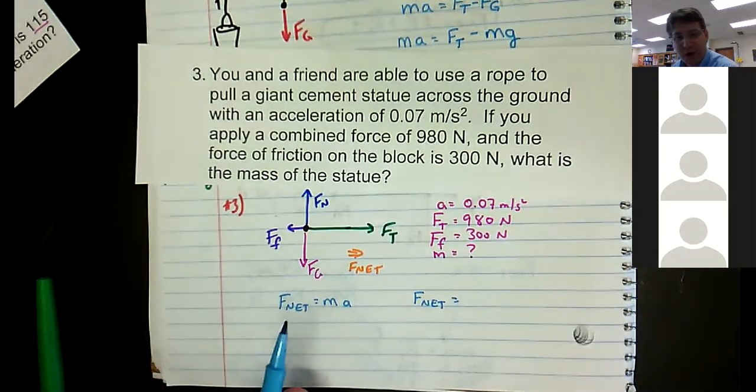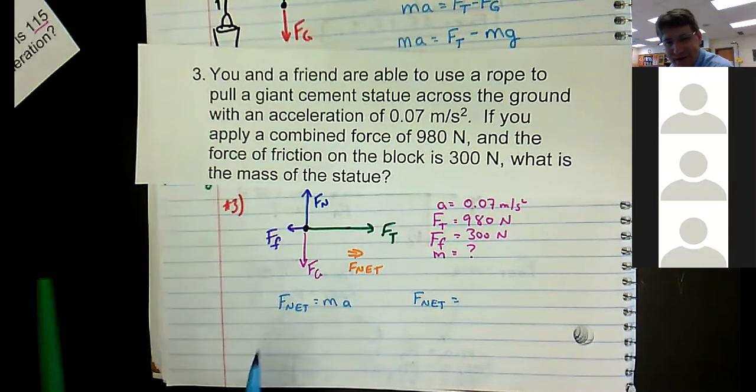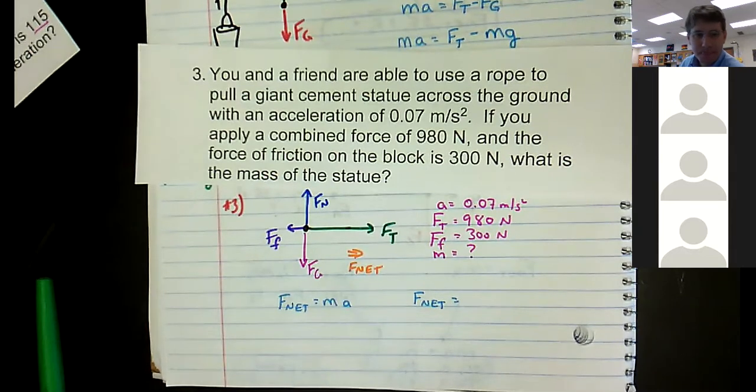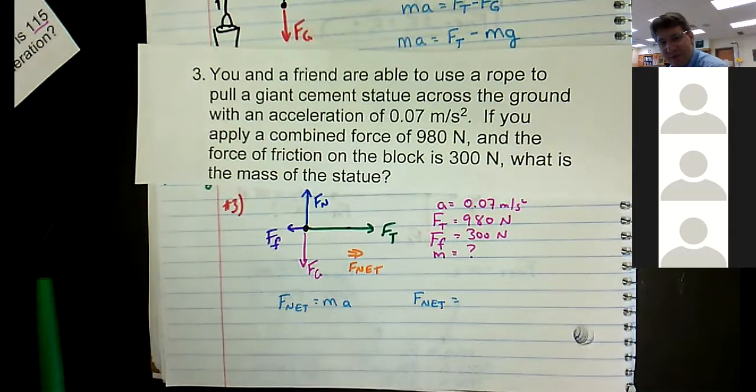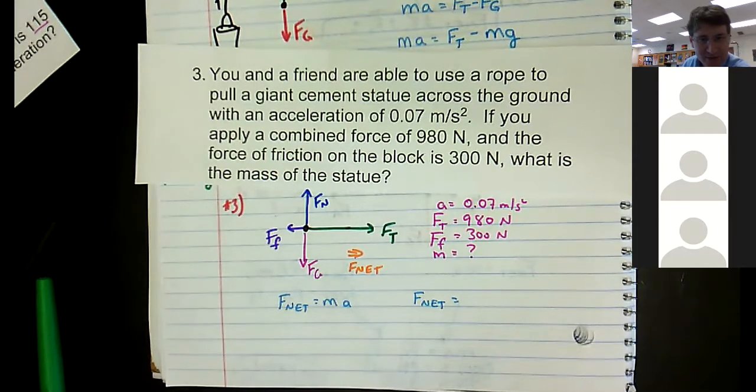So the first equation is always F net equals MA. Anyone want to take a stab at what the second equation is going to be this time? It's always going to be whatever's going with the net force minus whatever's going against it.